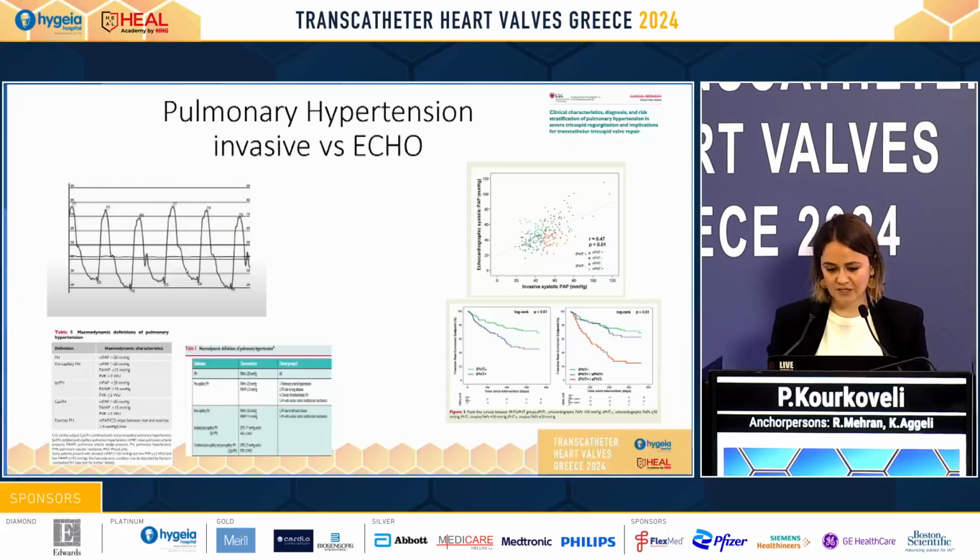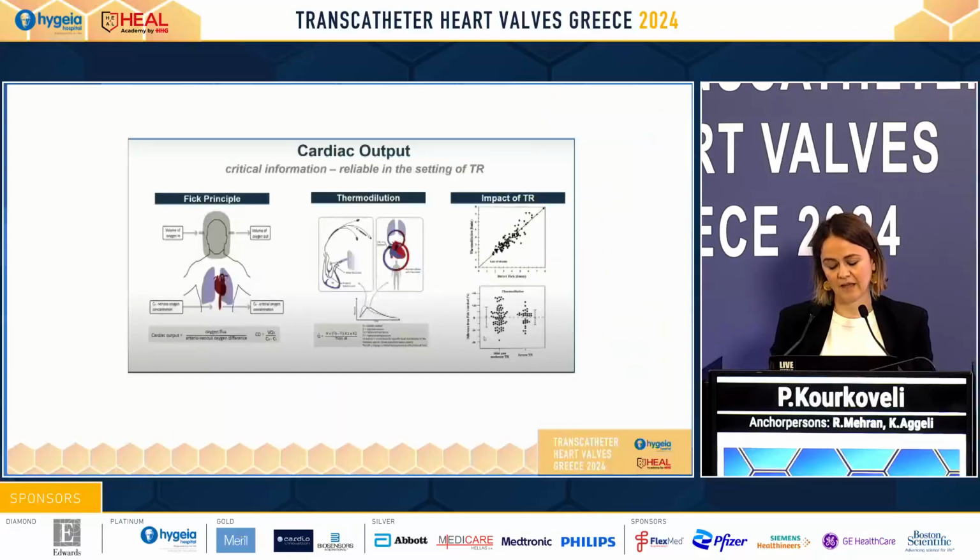That means we don't perform transcatheter treatment in patients without right heart cath.